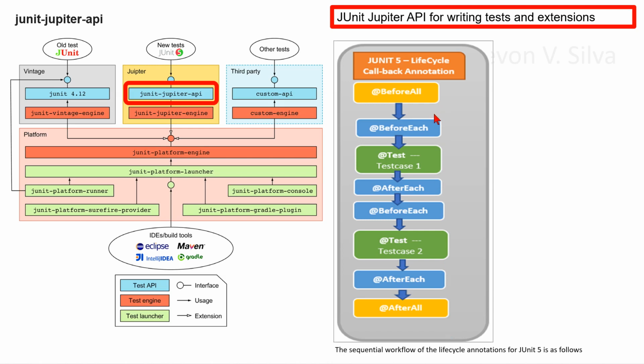Here the annotation interface BeforeAll in package org.junit.jupiter.api, in module org.junit.jupiter.api. @BeforeAll is used to signal that the annotated method should be executed before all tests in the current test class.